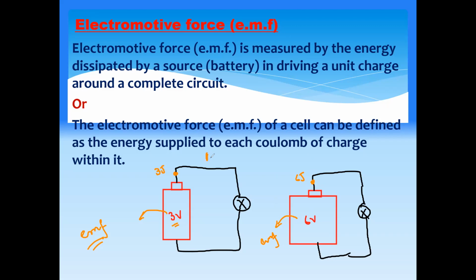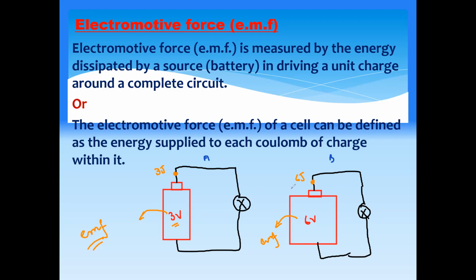So if we have two identical lamps connected to two different batteries, one with 3 volts EMF and another with 6 volts EMF, in which case will the lamp be brighter, A or B?